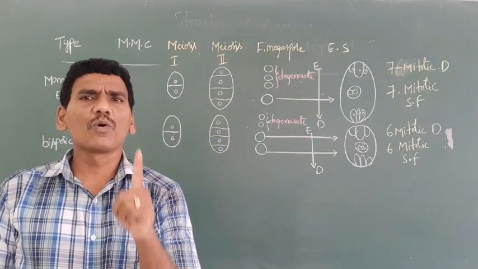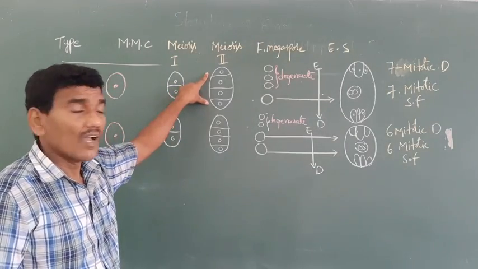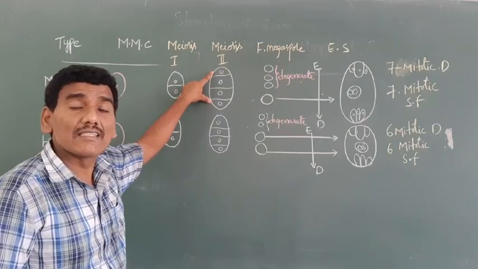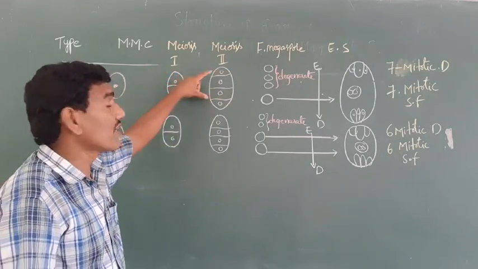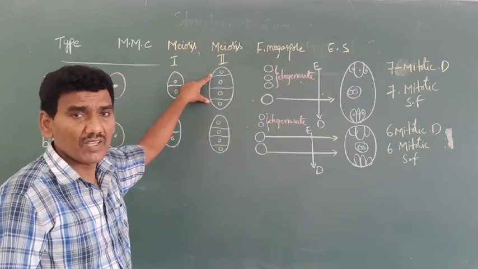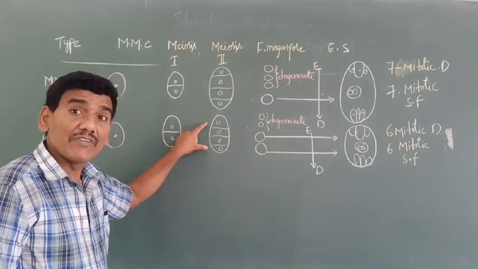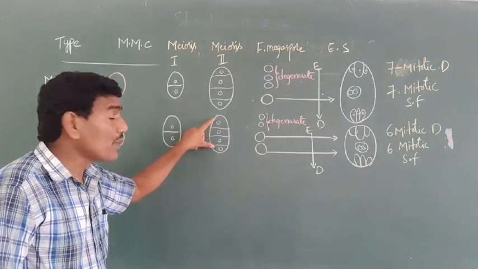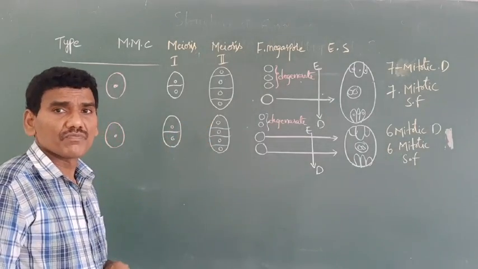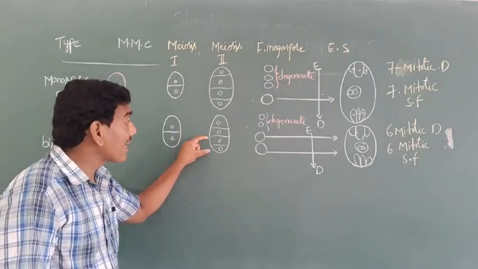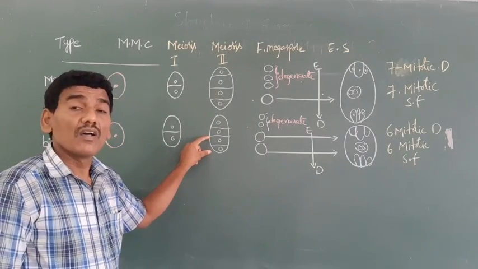One important point is that in the monosporic type of embryo sac, after the karyokinesis division is completed, cytokinesis also occurs. That's why 4 megaspores are formed. But in the bisporic type, after karyokinesis is completed, 4 megaspore nuclei are formed, but cytokinesis occurs only on the lower side of the nuclei.